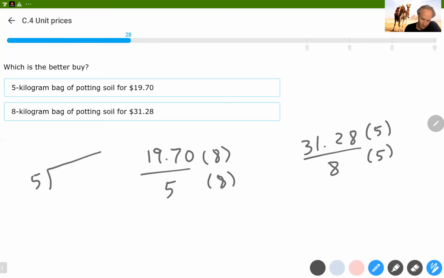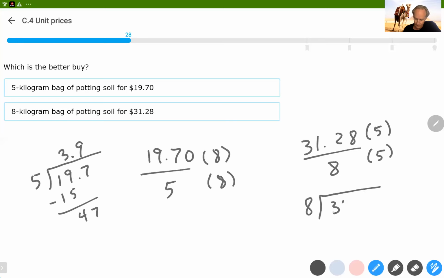5 goes into 19.70. I don't need the 0 yet, but we'll see. 5 goes into 19 3 times. That's 15. And we get a 47. 5 goes into 47 9 times. Let's see how our other division goes. 8 goes into 31.28. And 8 goes into 31 3 times. And that is 24.